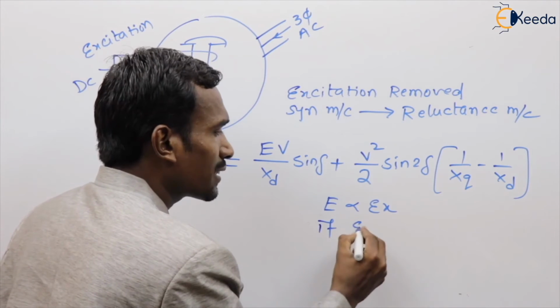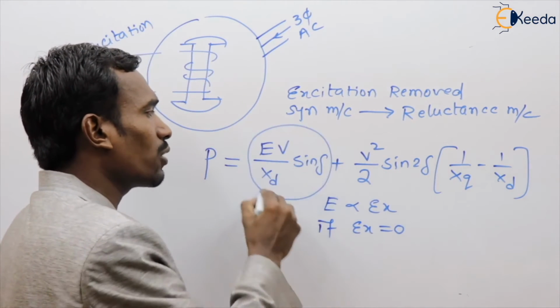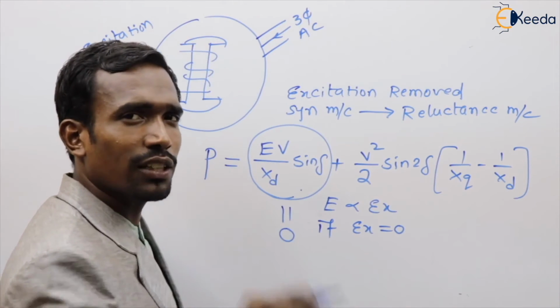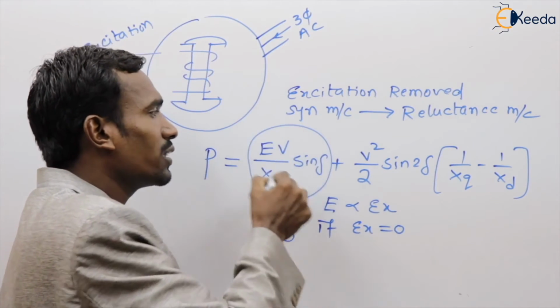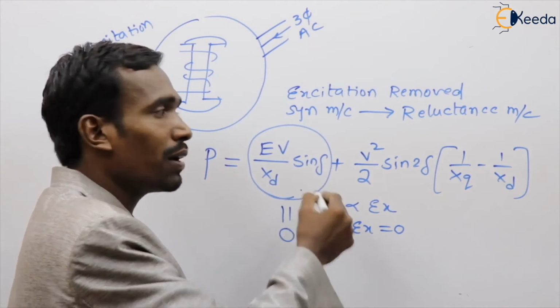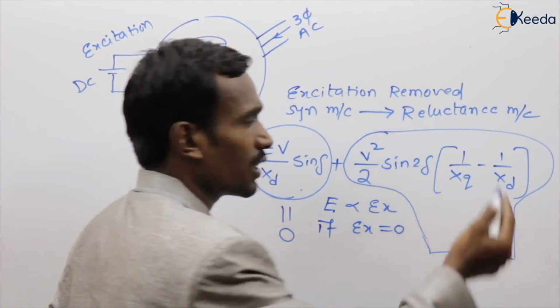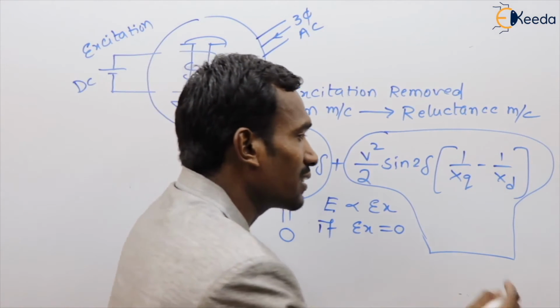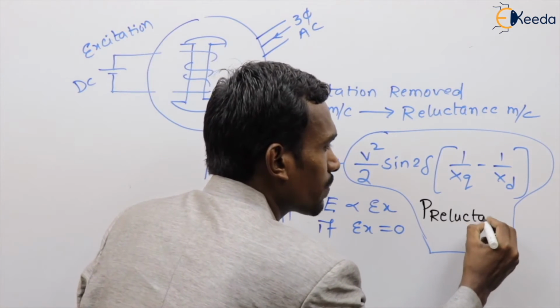If excitation is 0, EMF is 0, and so the first term is 0. But the second term is not 0. This power is called reluctance power.